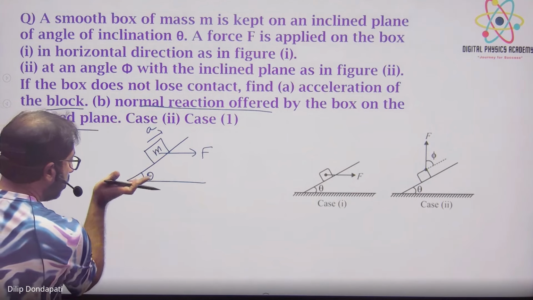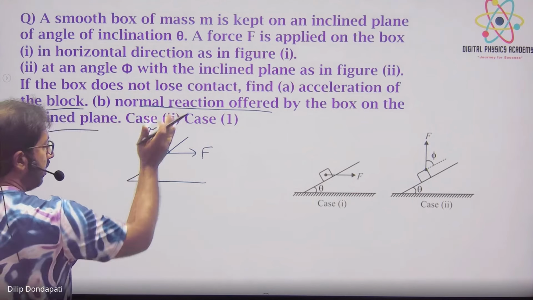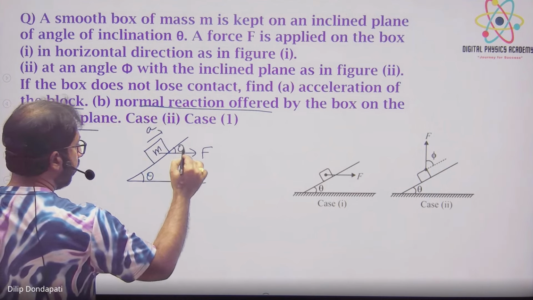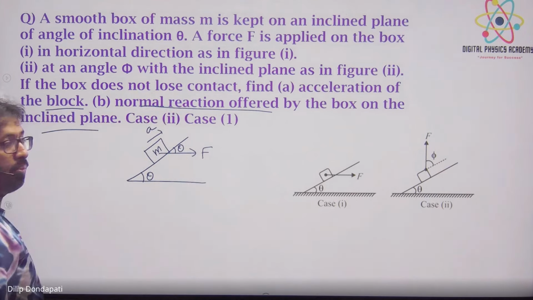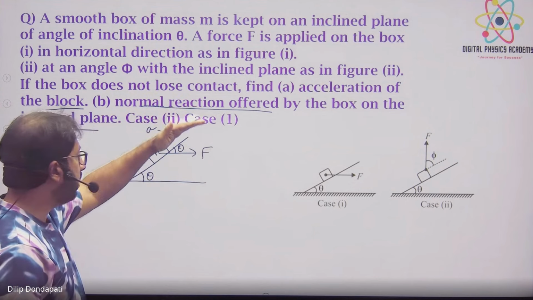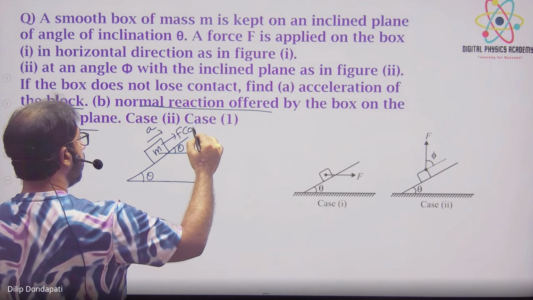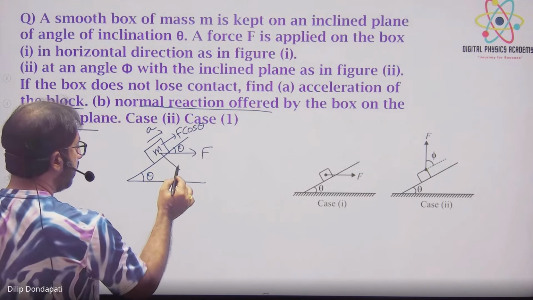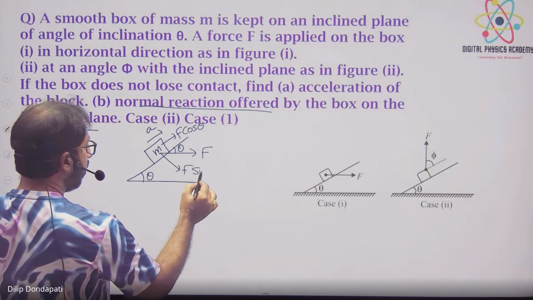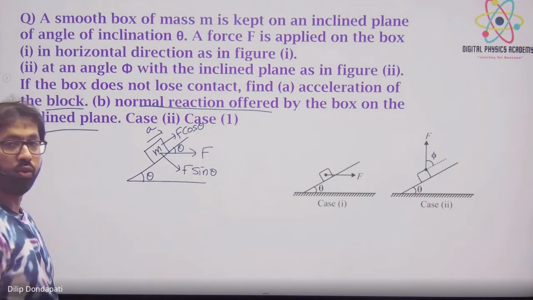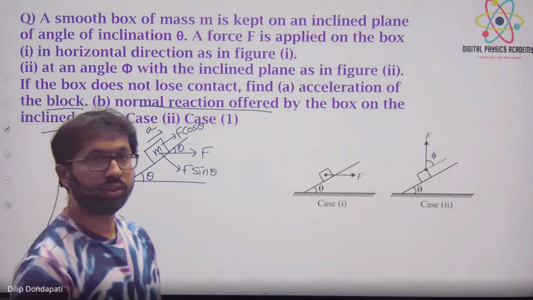See, the horizontal and incline angle is theta. So if I take the components, what are they? Remember, wherever theta is there, that direction we call F cos theta, and the perpendicular component is F sin theta. Any other force acting on it?